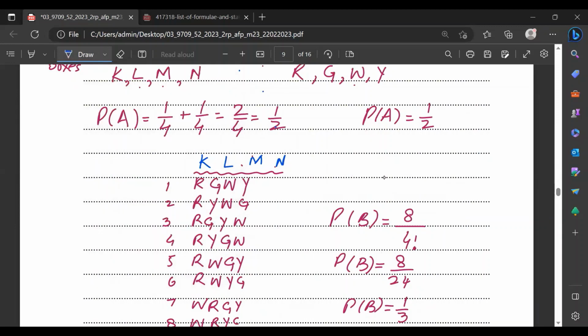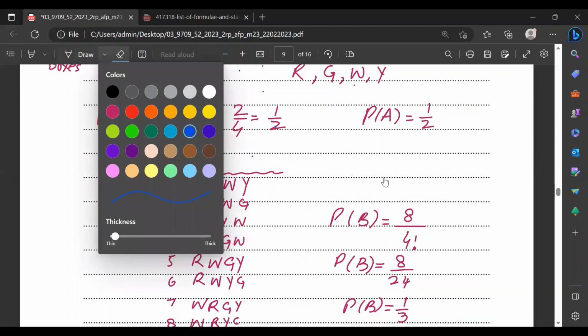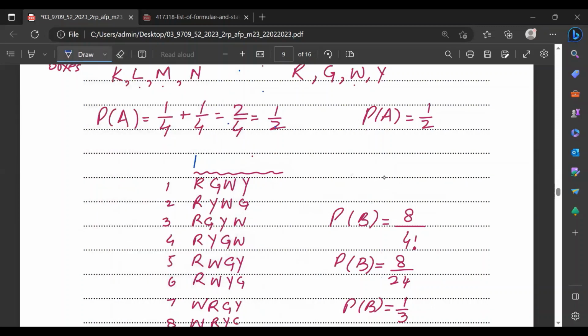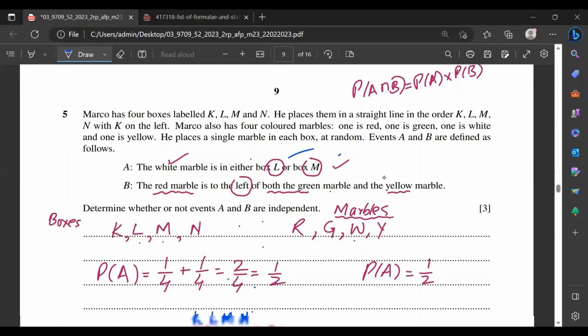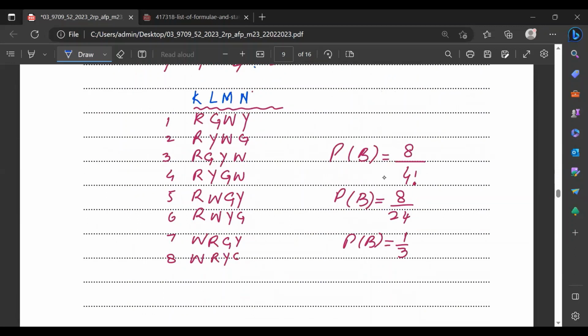So this is the case. So KLMN. This is how I had written it, KLMN. So white marble LM. White marble is here. Yes, this is the case for the common thing.